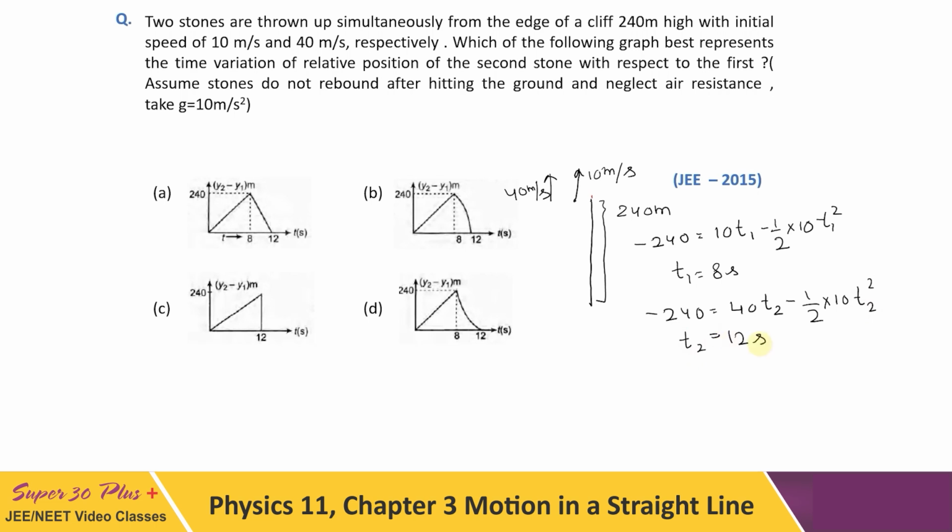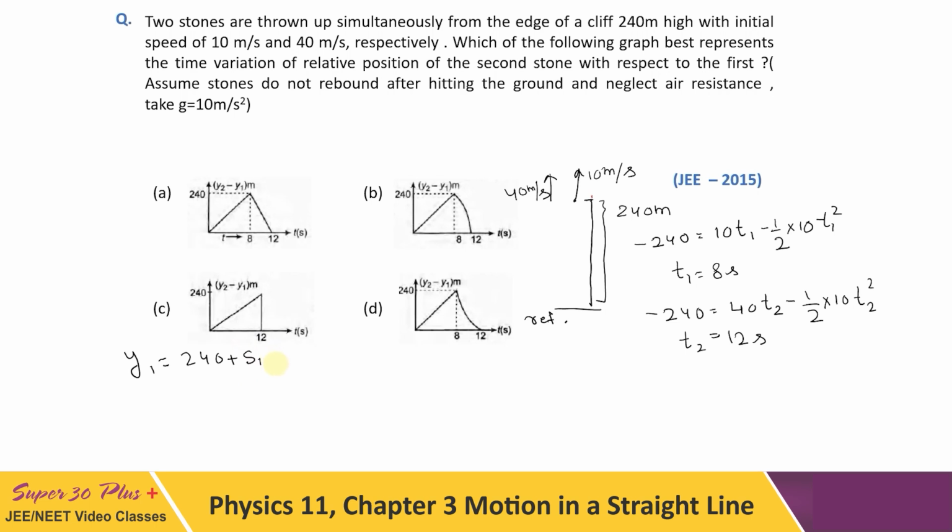Now if ground is taken as reference, then we have to see what will be the position of the first stone before 8 second. So let us write y1. y1 will be equal to 240 plus s1, because 240 is already the height at its initial point, so this has to be added to the final position. So y1 I have written as 240 plus s1. Now here s1 can be negative as well.